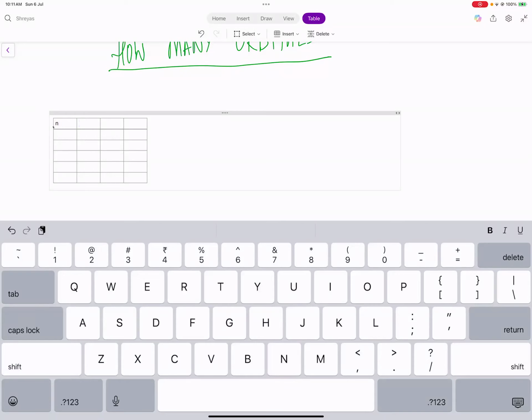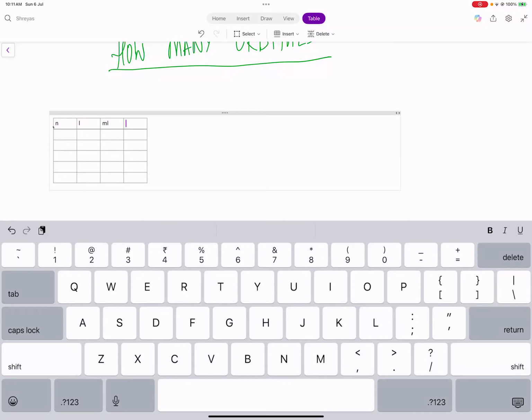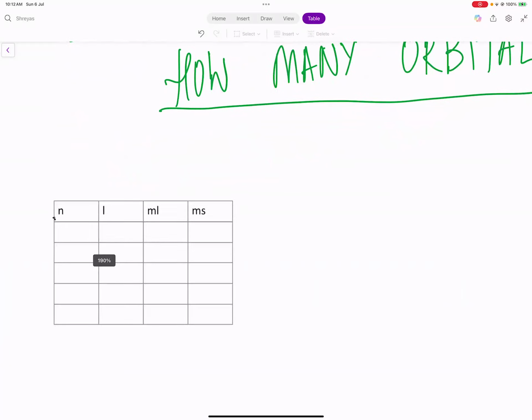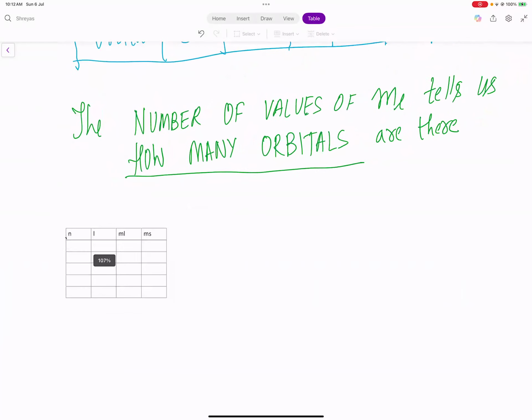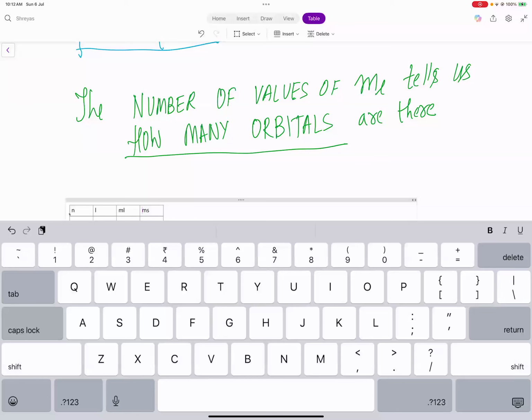And L, ML, because I don't know what I have to do to put the subscript. No, I don't want to do that. How can I just expand this table so that it becomes bigger?